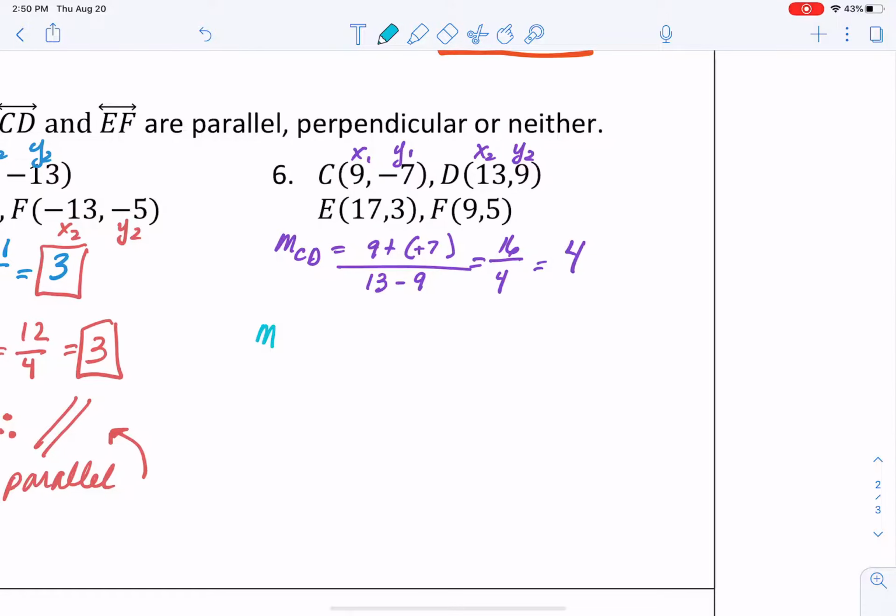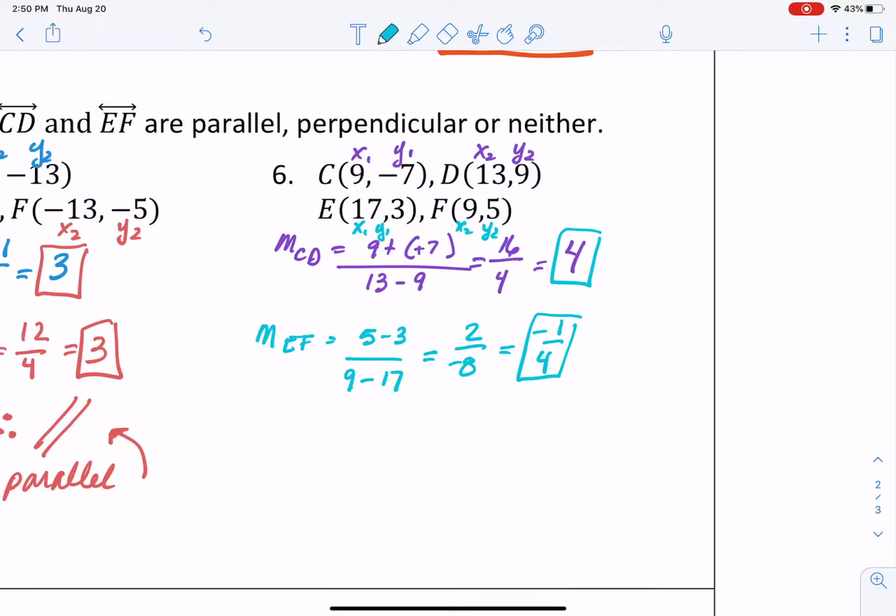Then we have the slope of EF, x1, y1, x2, y2: 5 minus 3 over 9 minus 17. That's 2 over a negative 8 equals negative 1 over 4. So they're obviously not the same, so they're not parallel.